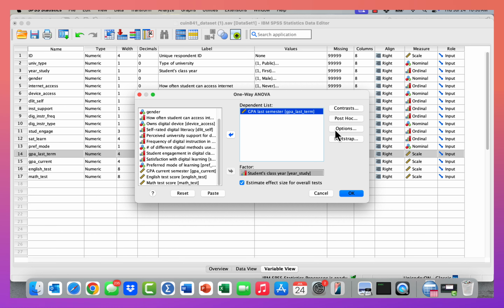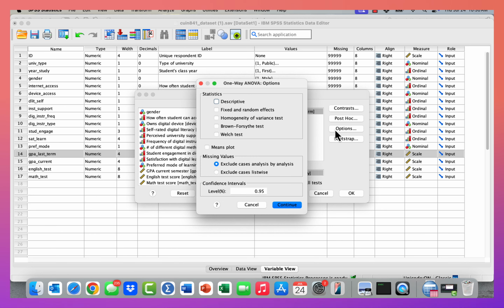There are a few things that I suggest you also tell SPSS to include in your output for your one-way ANOVA. First of all, click on your Options. I like to ask SPSS to give me some descriptive statistics, because that helps you get a baseline idea of which groups are different, kind of eyeballing your output. And I strongly recommend asking for what's called the homogeneity of variance test.